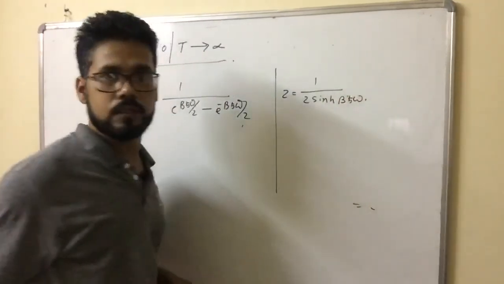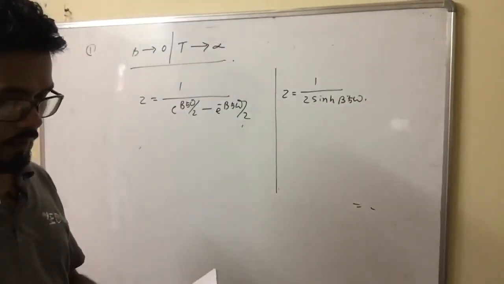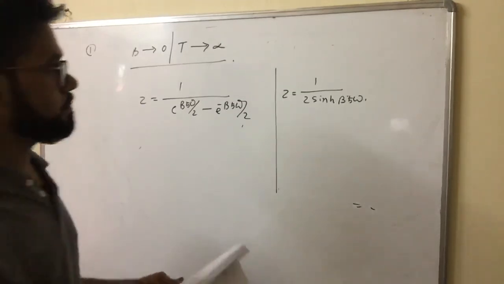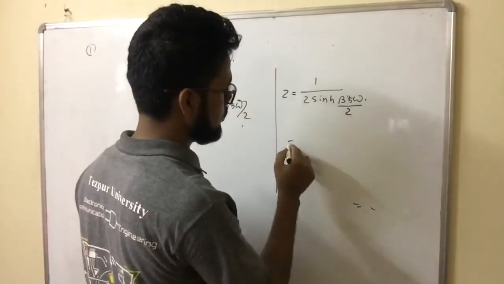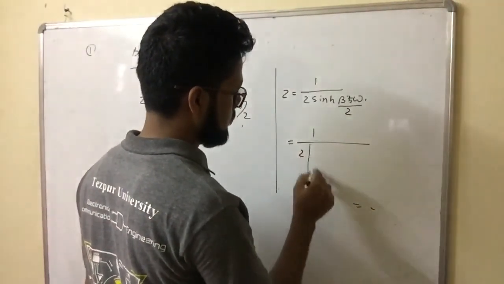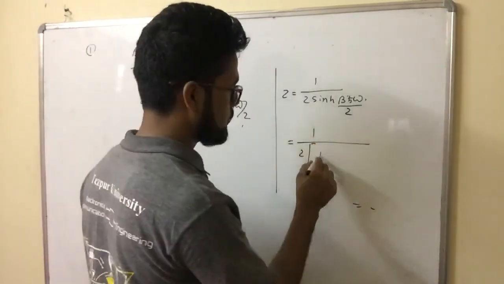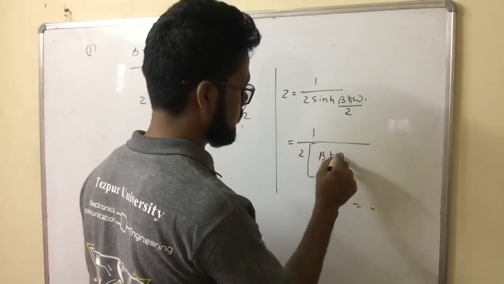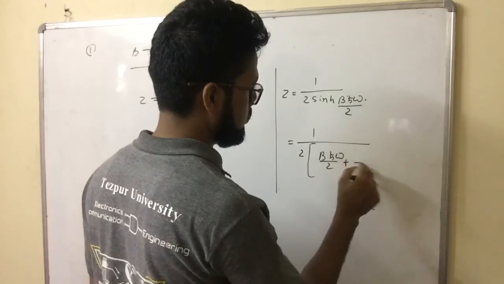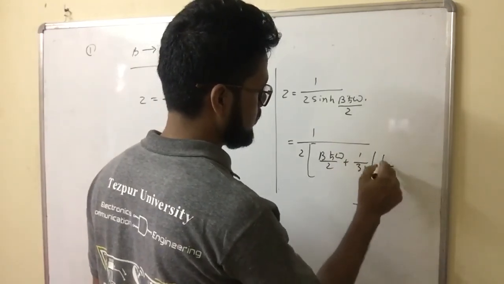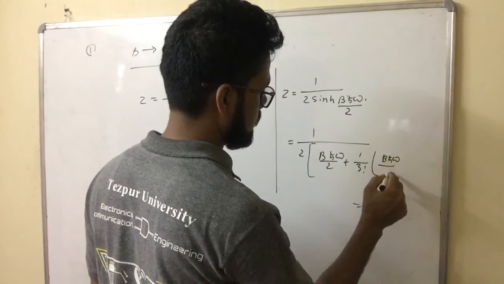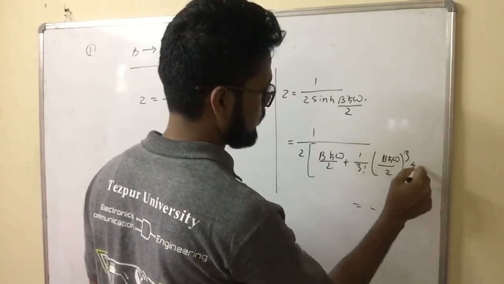This is the formula I have already taken out. So you can expand 1 by 2 sinh function. The first term will be beta h cos omega by 2. Second term will be 1 by 3 factorial, beta h cos omega by 2 cubed, like that.